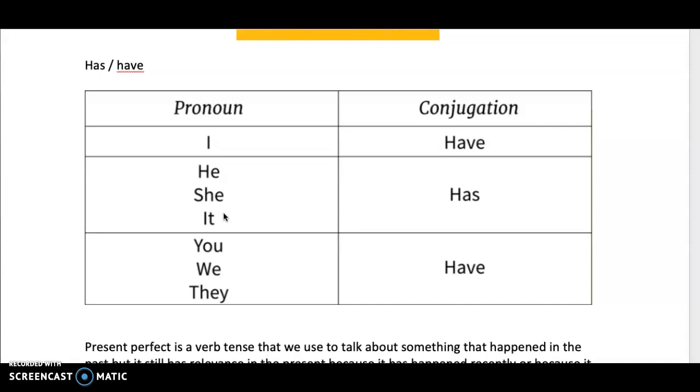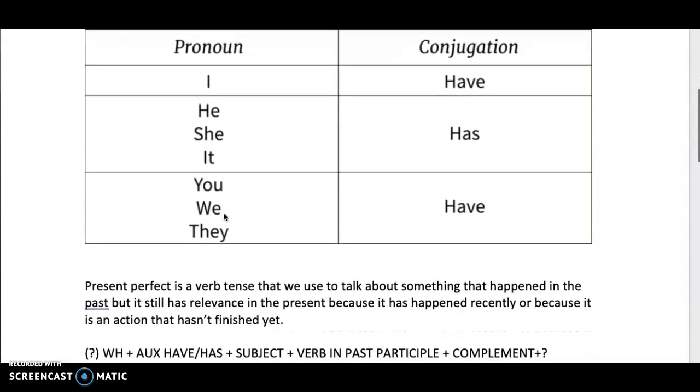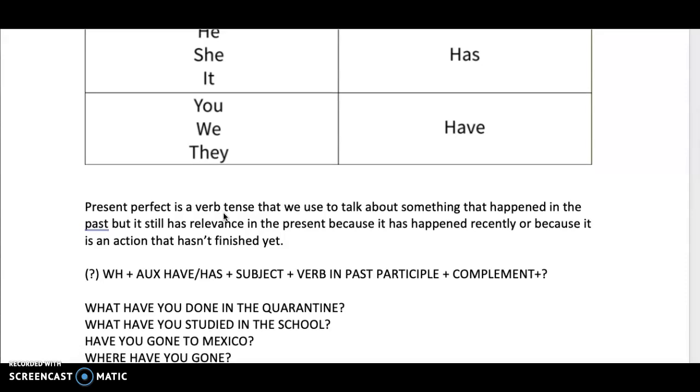Okay? But before that, in what and why do we use present perfect? So we use present perfect to talk about something that happened in the past, but it still has relevance in the present. For example, we use present perfect for things that recently happened or for situations and actions that haven't finished yet.